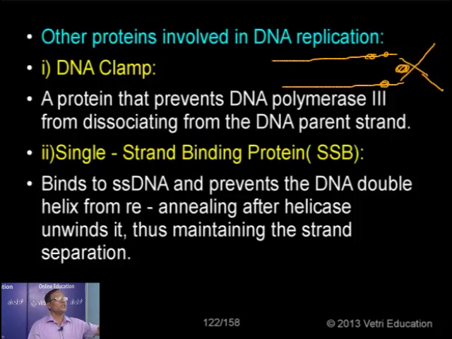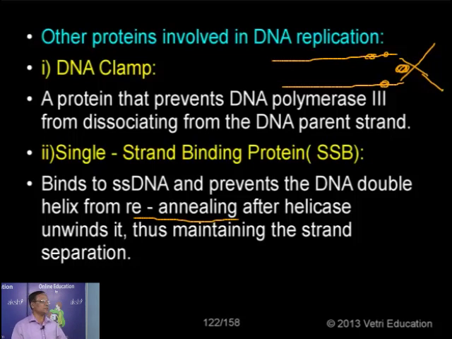So it maintains the single strand condition of the DNA molecule after the two strands have been unwound and unzipped by the helicase enzyme, maintaining the single stranded nature of the template strand. As you will see in the picture, the single strand binding protein binds to single stranded DNA and prevents the DNA double helix from re-annealing, forming a paired strand joined together by hydrogen bonding once again.